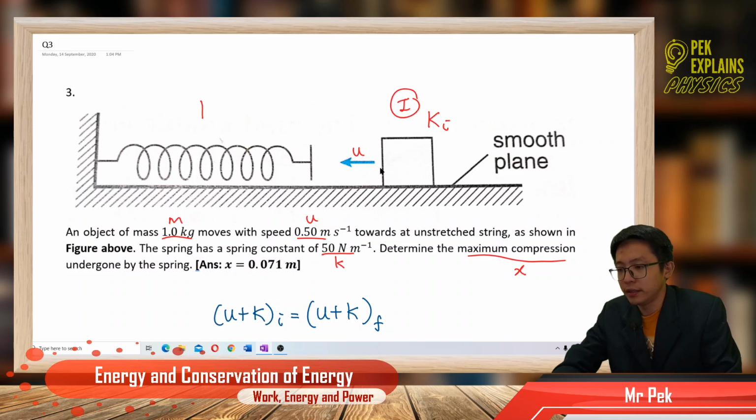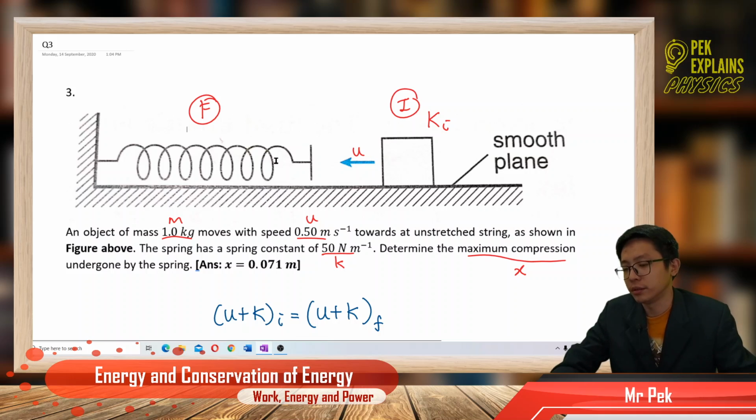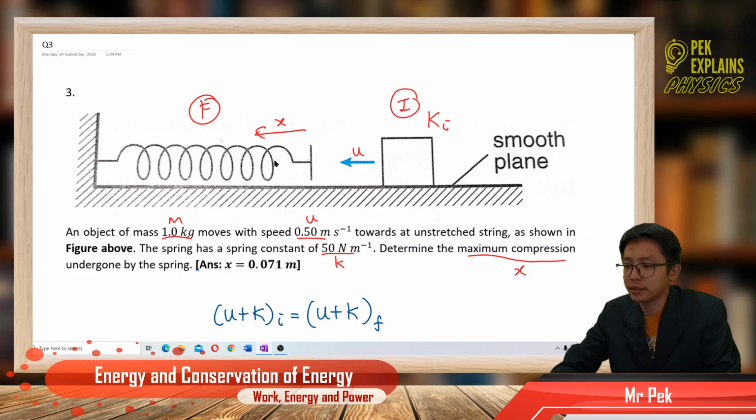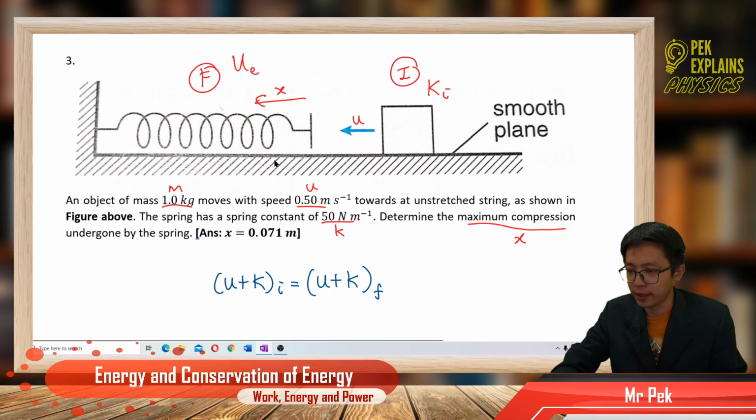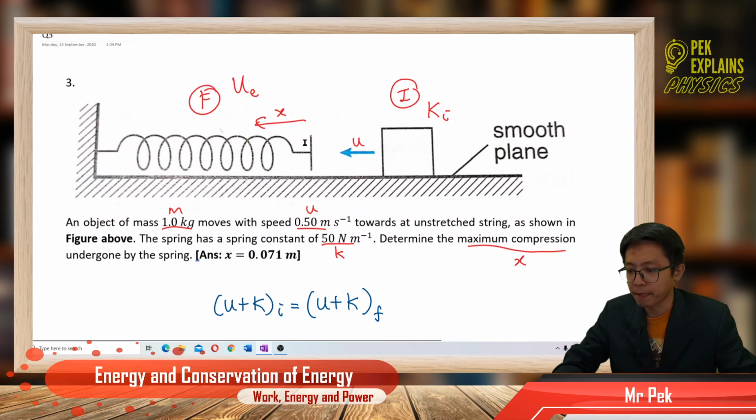And then finally, after compressing the spring, the spring gains elastic potential energy. So kinetic energy has converted to elastic potential energy.